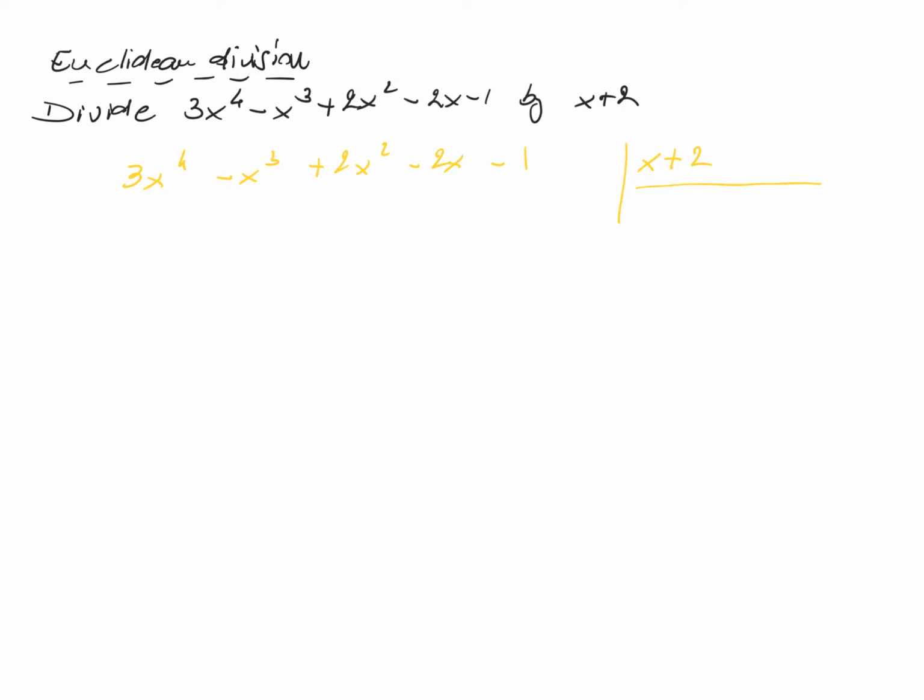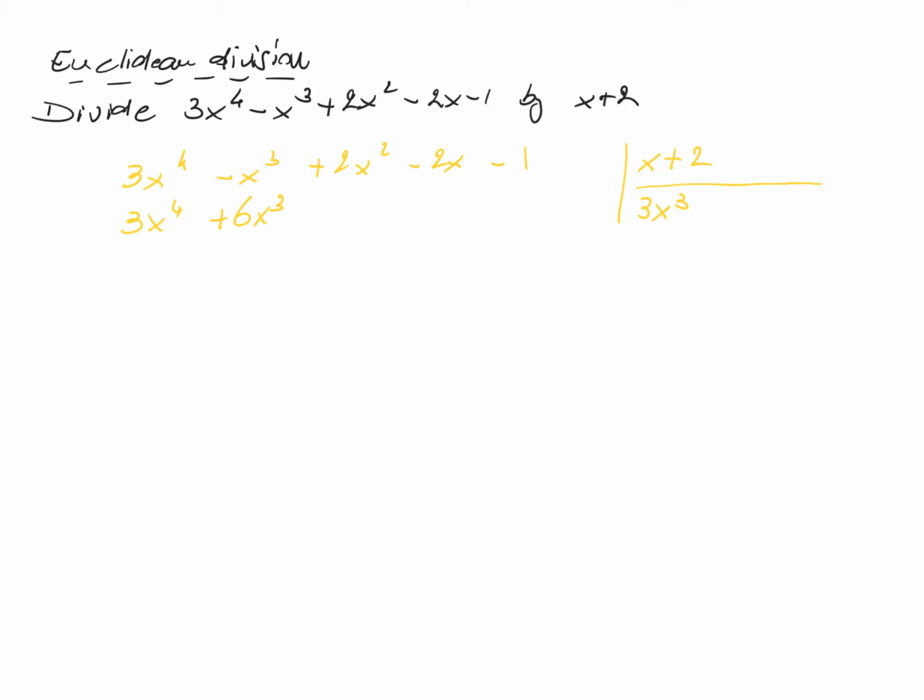The first term in p of x is 3x to the power 4. And then we see how often we can fit x, the highest order term in x plus 2, into this. So that will be 3 times x to the power 3. Why? Because that way we get 3x to the power 4 plus 6x to the power 3. So we multiply 3x to the power 3 with x plus 2.